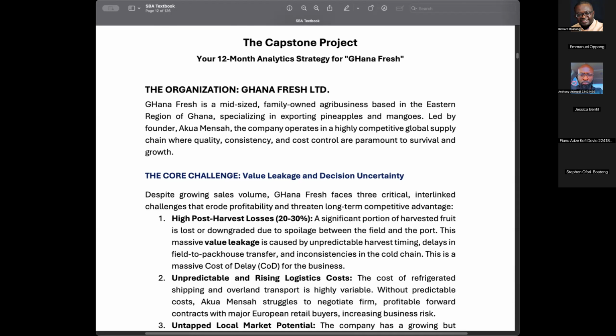So I have to set the premise of the case so that when we are discussing the different management concepts, we can relate it with that one. So bear with me. You are not tied to do a capstone project like this, but I would just like to give you some background on one of the firms I'll be using as some of the case studies in our session today. So you are welcome to Strategy for Business Analytics.